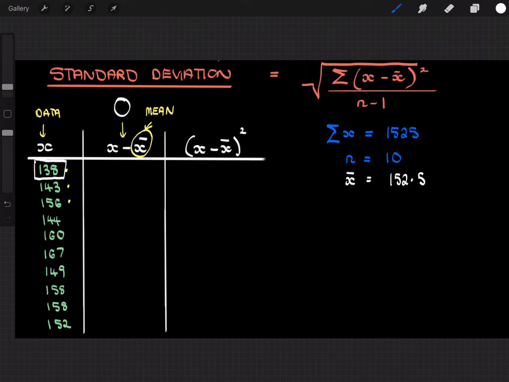So in our first space in here, we take the X value, which is 138, take away 152.5, and that equals negative 14.5.